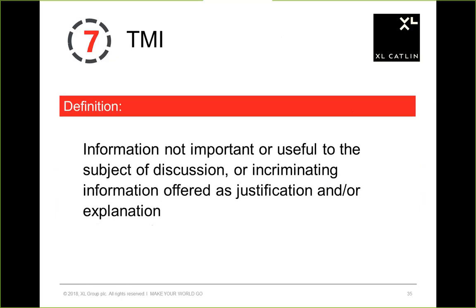The next sin is too much information, and in this case, what we're really talking about is information offered without context or incriminating information that may be offered as an explanation or justification.